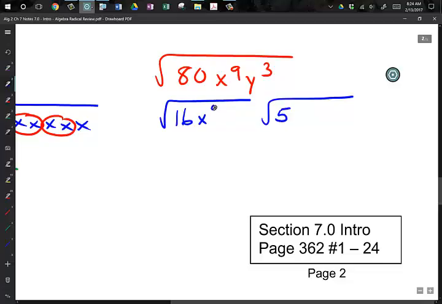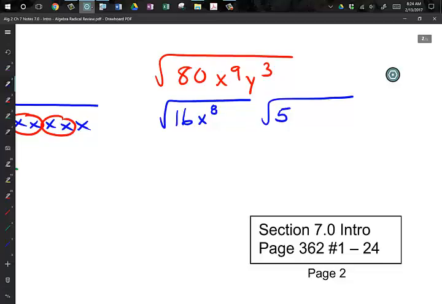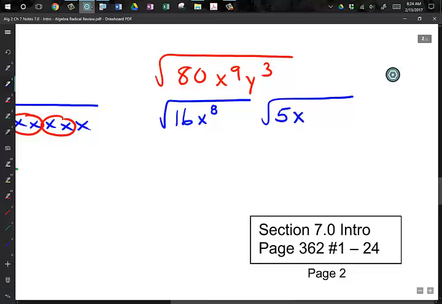X to the 8th is the even number right below 9. So x to the 8th times what's left over. And y squared is the even number right below 3. So you have 1 y left over. And now we just take the square root. The square root of 16 is 4. Cut 8 in half. Cut 2 in half. And what is left over is 5xy.